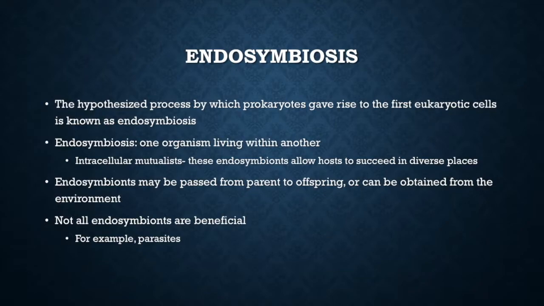Basically what they hypothesized was that a prokaryote engulfed another one, and the one that was engulfed was then given a different purpose, almost similar to multicellularity. So making different organelles. This is how they hypothesized that mitochondria and chloroplasts evolved.